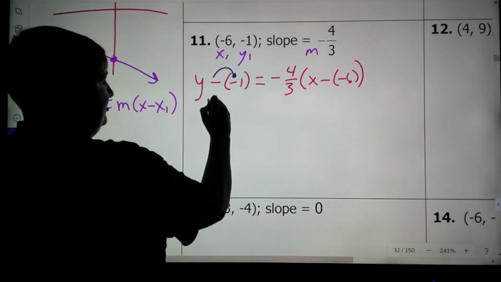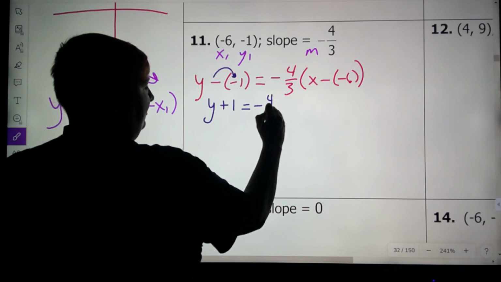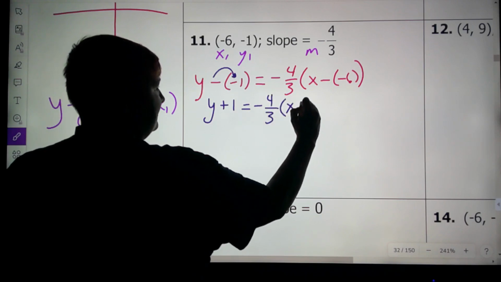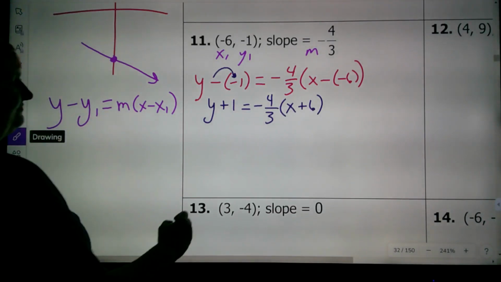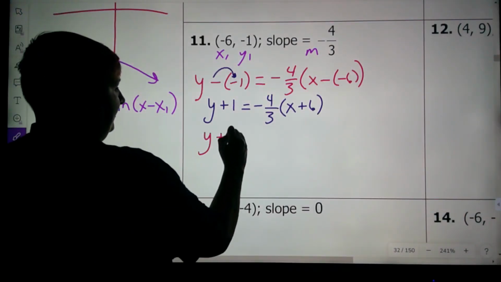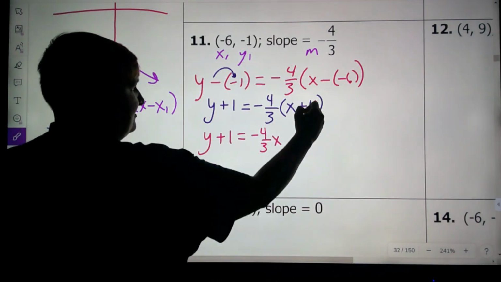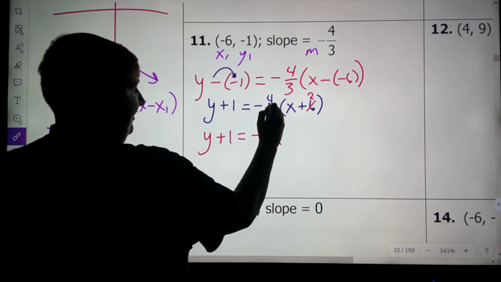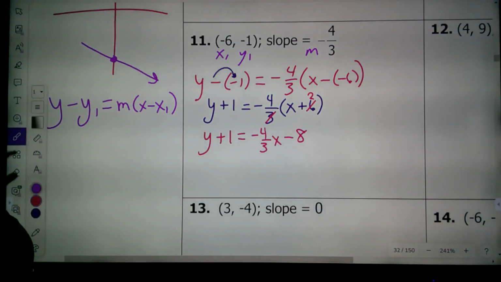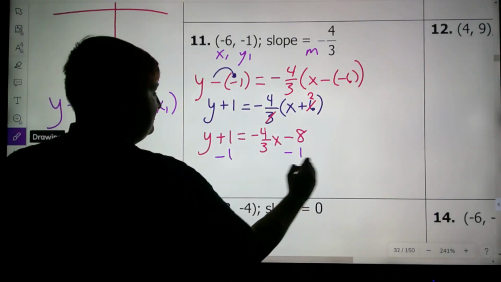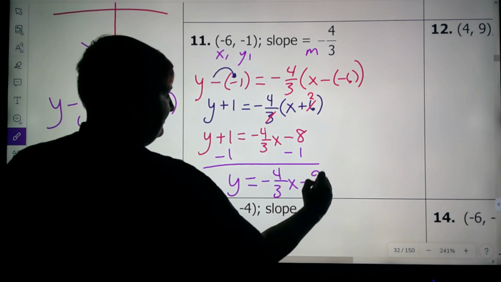I keep saying it and you keep ignoring me, but that's all right. -4 over 3 x plus 6. y plus 1 equals -4 over 3 x. 6 divided by 3 is 2. -4 times +2 is -8. Subtract 1 from both sides. y equals -4 over 3 x minus 9.